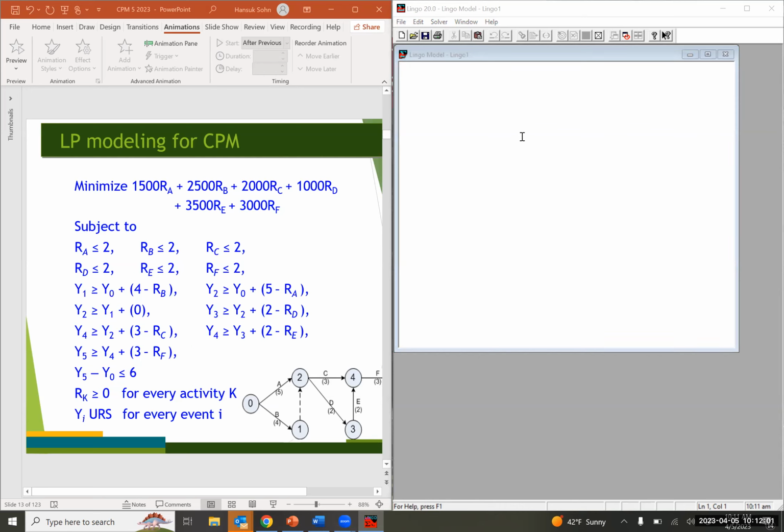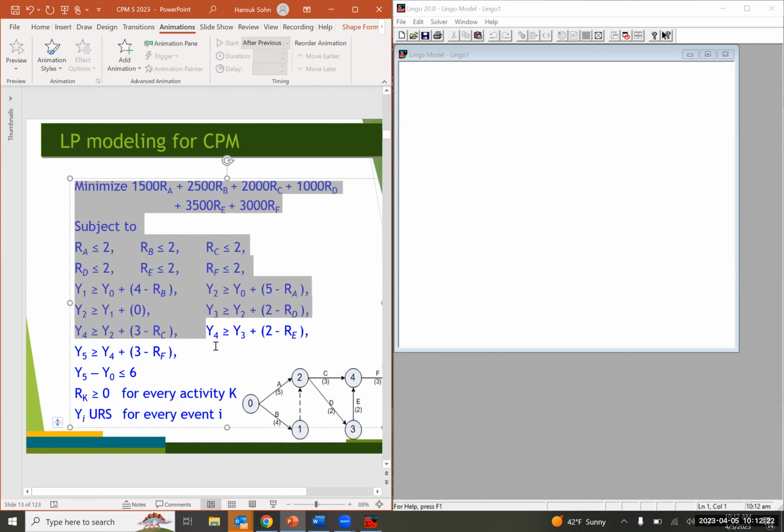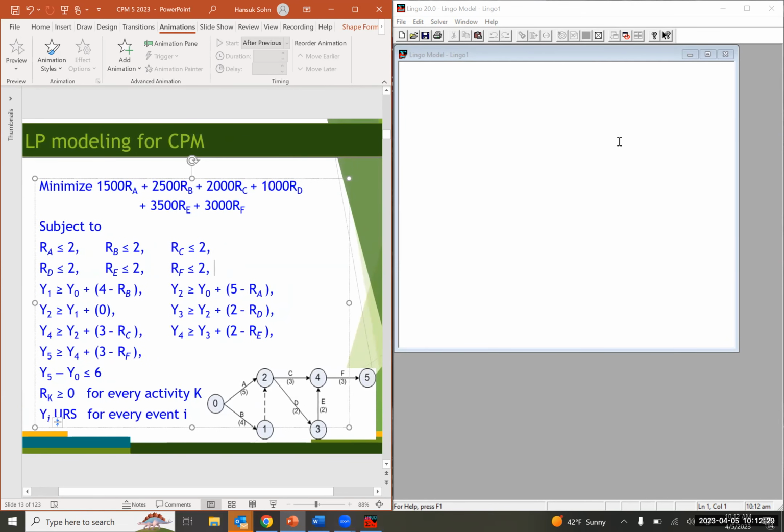Okay, and also I need to make sure the current window is for Lindo or Lingo input. So it does say Lingo model. So I'm gonna use Lingo input in this case. So I'm gonna copy everything and paste down here.